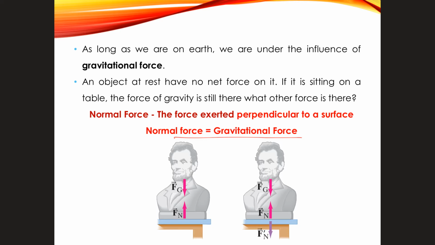To fix it, you make a statement: the table exerts force to the statue, then the statue exerts force to the table. That is Newton's law. Same goes for the gravitational force. Gravitational force comes from Earth. Earth exerts force to the statue, which means the statue exerts force to the Earth. And that is Newton's law.